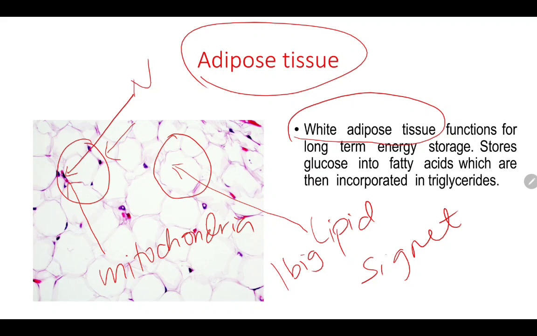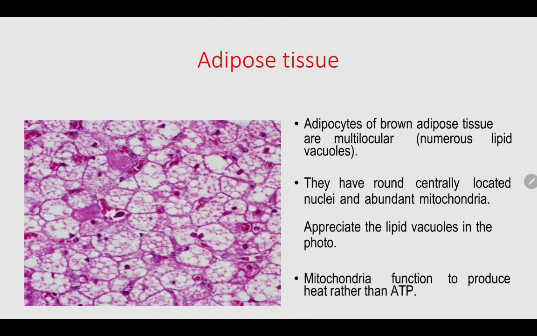Ano nga ba ang pinagkaiba nito sa brown adipose tissue? By the way, adipocytes ang tawag sa cell na meron ang adipose tissue, whether brown adipose tissue or white adipose tissue. Adipocyte sila in general, but yung mukha ng kanilang adipocyte differs from each other.